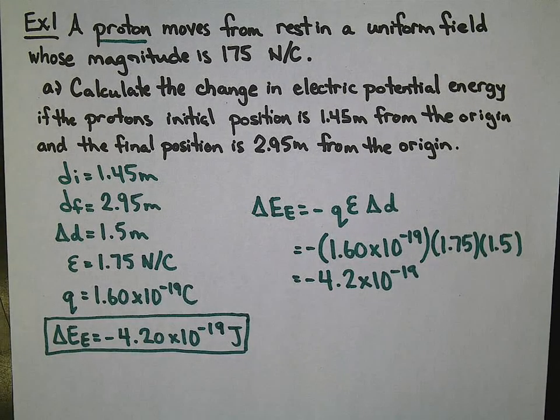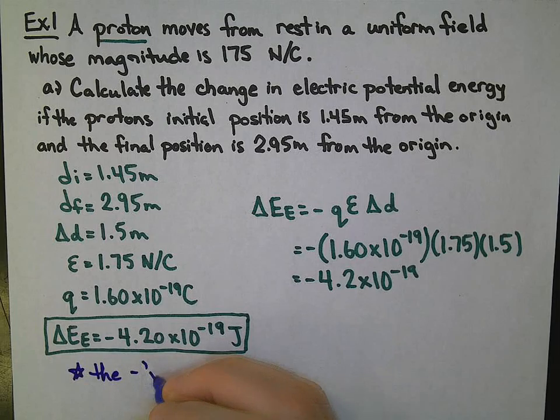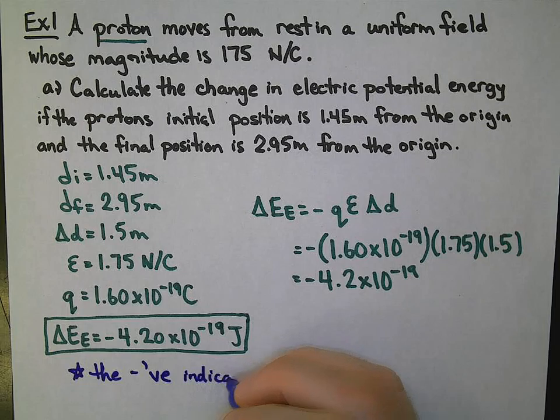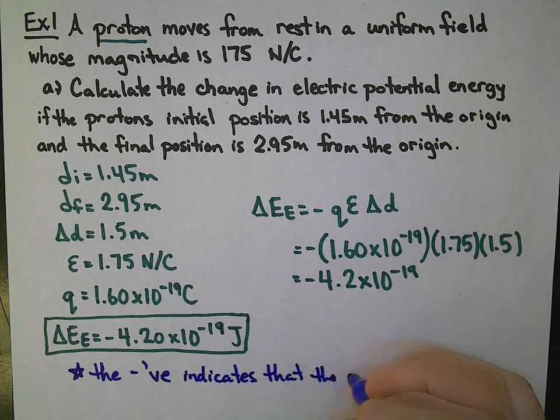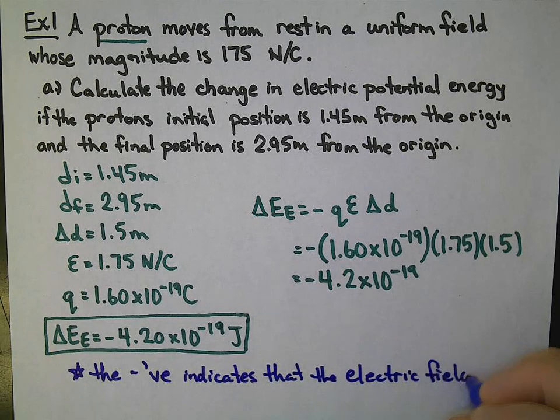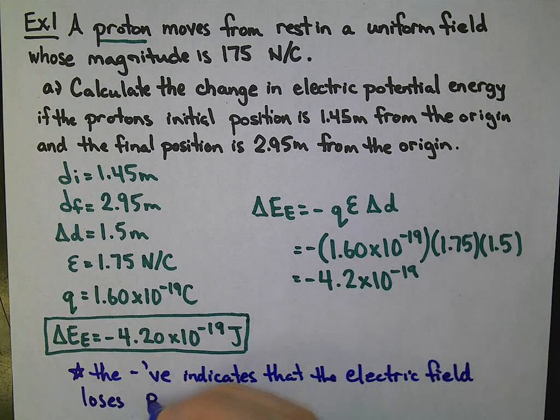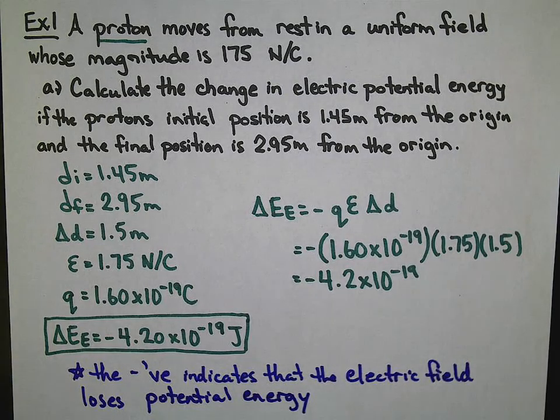The negative really just indicates, shorthand notation for negative, indicates that the electric field loses potential energy. And it is losing this potential energy by doing work on the proton.